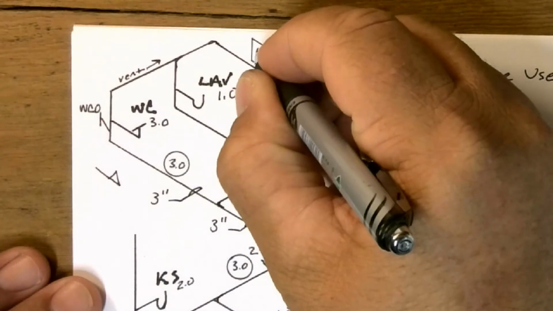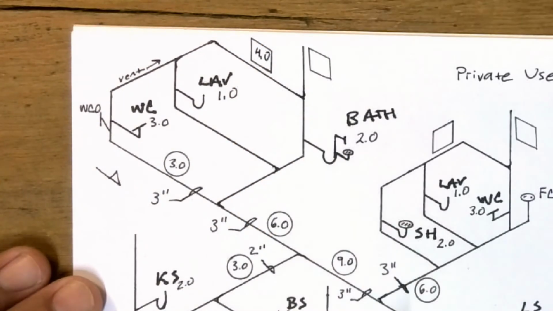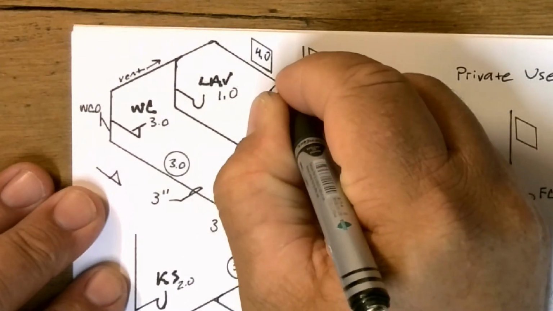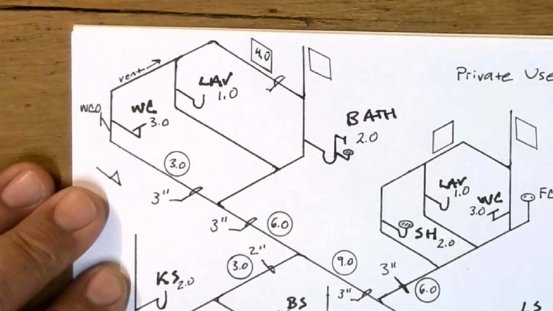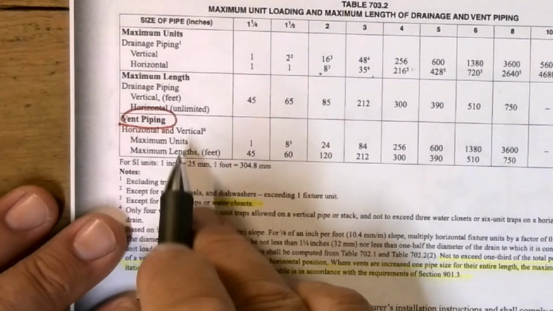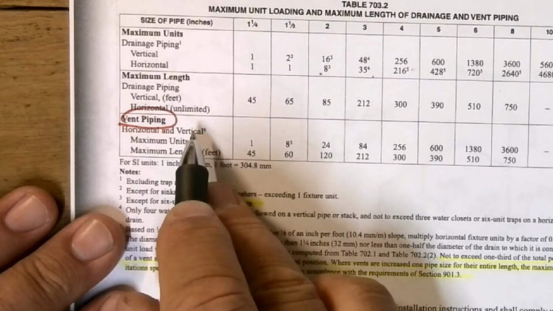So we're going to go ahead and put 4 right here. And as far as size goes, let's take a look. Vent piping, right here, horizontal and vertical.